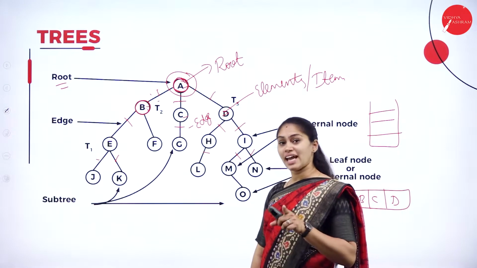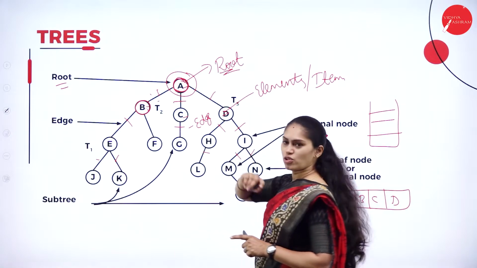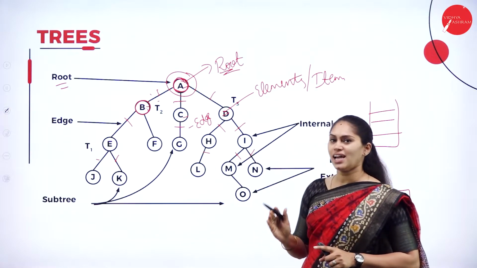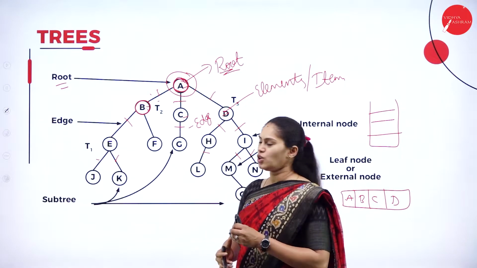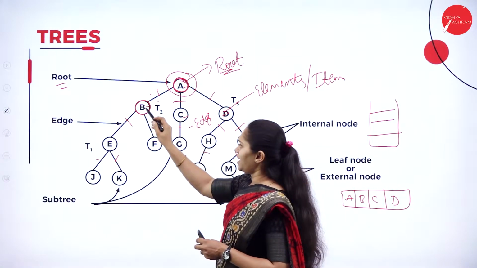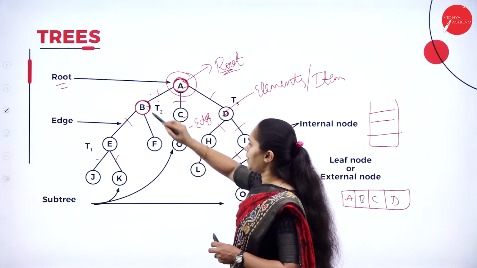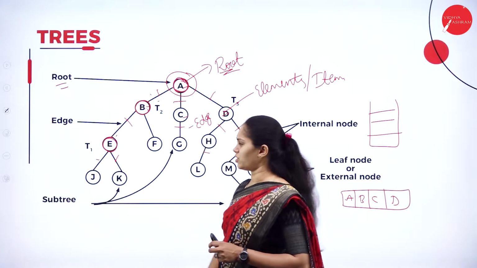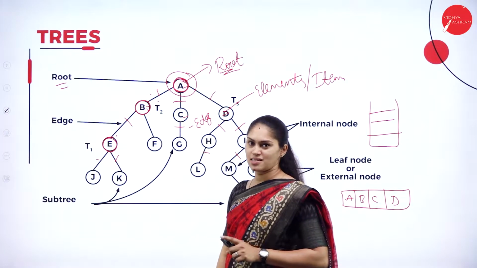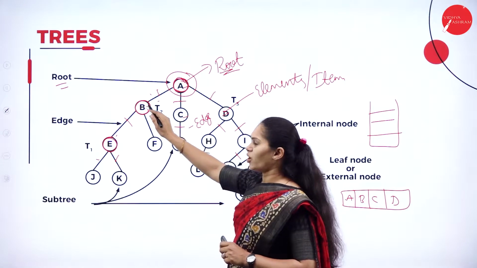No. Why? Because A is considered the root node. The root node doesn't contain any parent node. It will be a parent for its successor nodes. So for the B node, A will be the parent node, and for the E node, B will be the parent node.